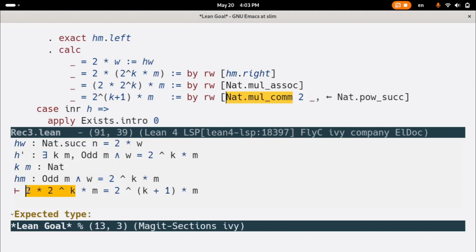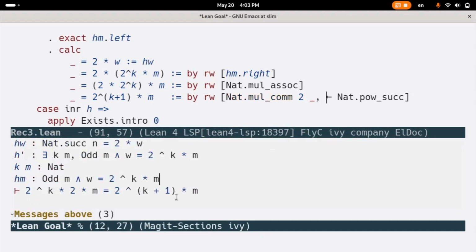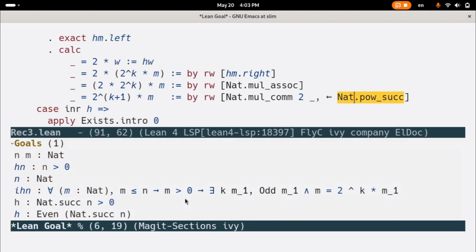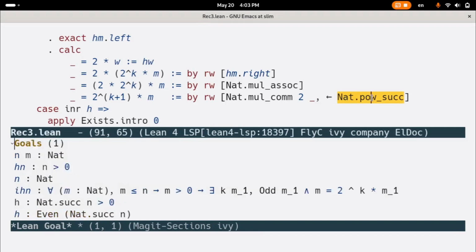So observe how the commutativity of multiplication rewrites 2 times 2 power k into 2 power k times 2, and then the pow_succ theorem rewrites that 2 power k times 2 into 2 power successor of k.